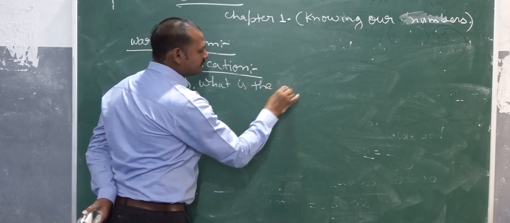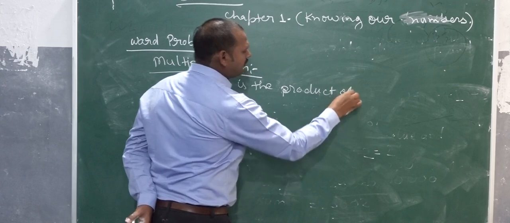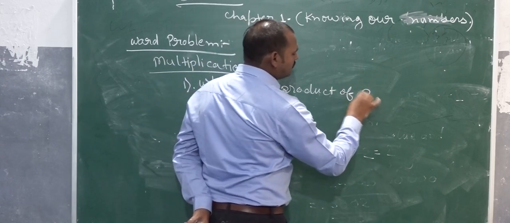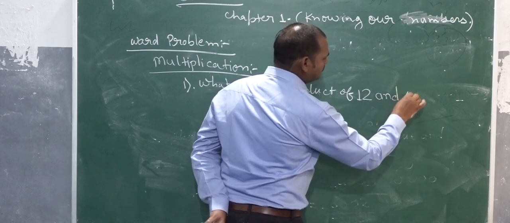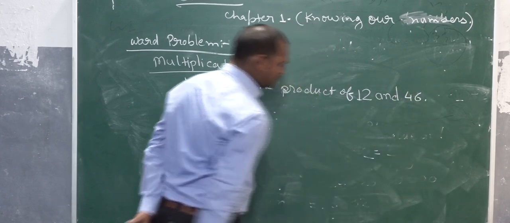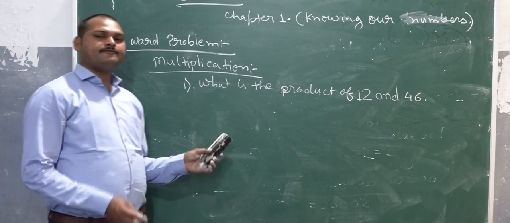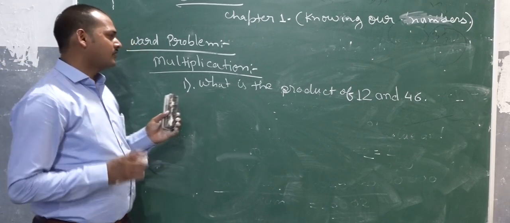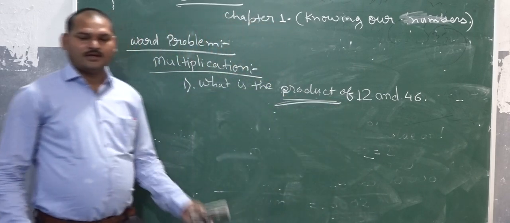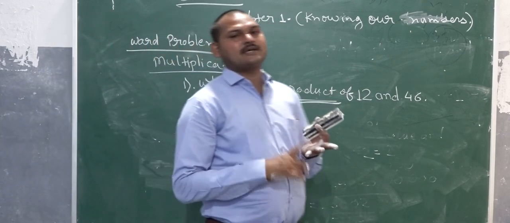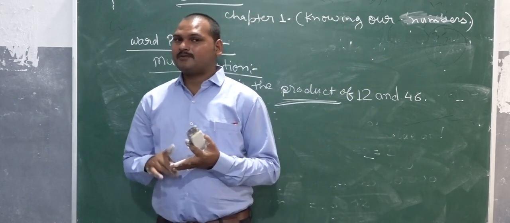What is the product of 12 and 46? So, what is the meaning of product? As we studied, sum means addition, difference means subtraction.